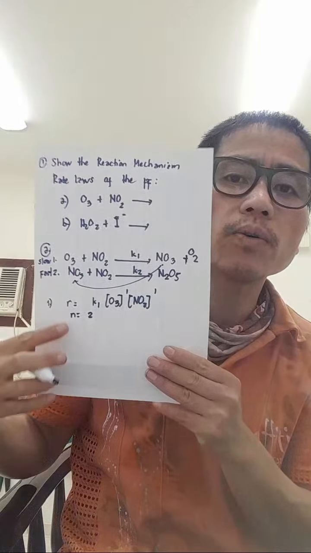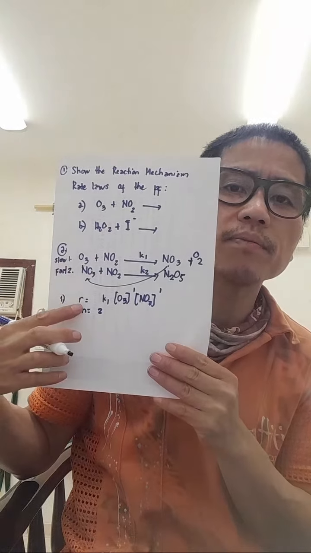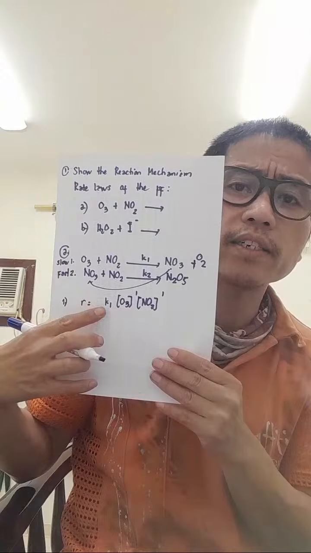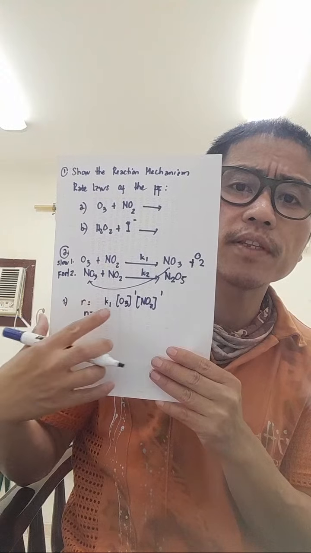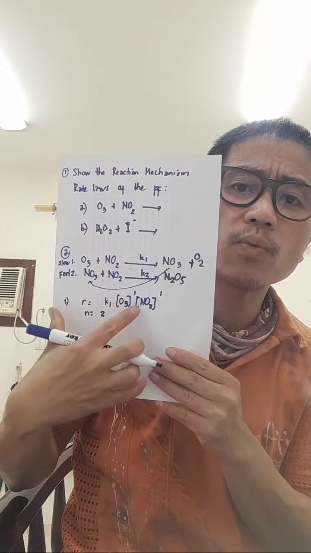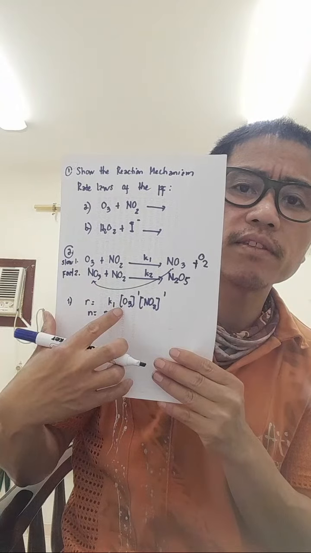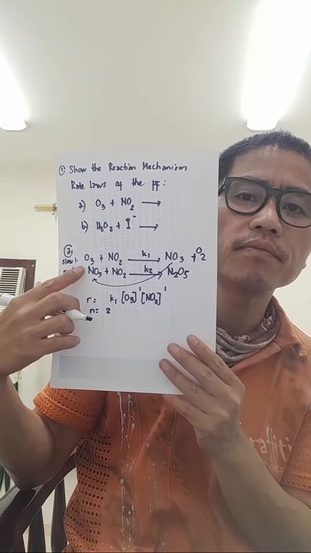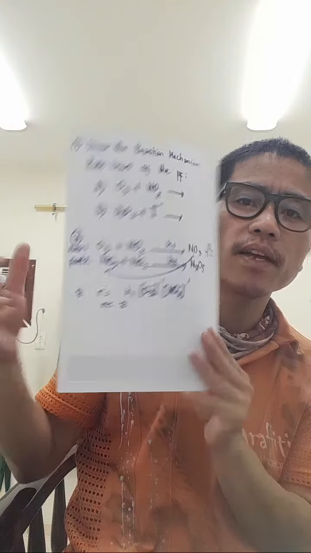So this is our rate law in step 1. Okay, R is equal to K1, this one and this one. It's very clear, right? And then our overall reaction order is 2.